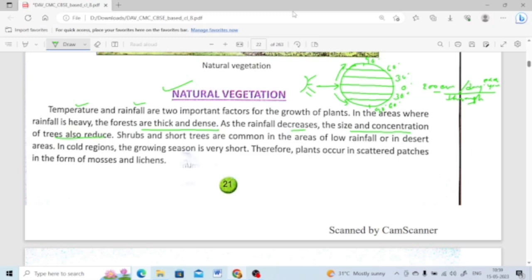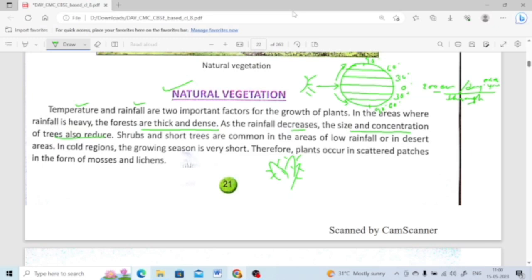Okay, so shrubs and short trees are common in the areas of low rainfall or in the desert areas. What kind of trees will you find in the desert areas? Mostly succulent type or cacti kind of trees you will get in the desert region. Why so? Because precipitation is very less, and the shrubs or grasses or cacti we have there can store moisture in them.